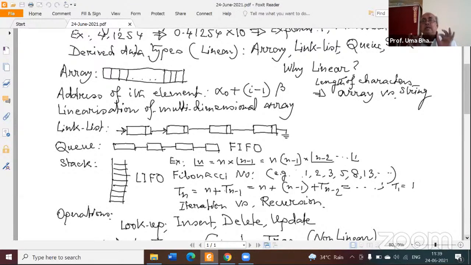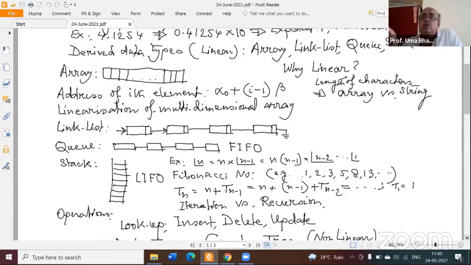Period. I see many have huge confusion about the definition of why these are known as linear data types. This is the primary reason. Think of array, linked list, queue, stack, all of them. Think of any element in that structure except the first or the last. They will have exactly one successor and exactly one predecessor, just like a line.